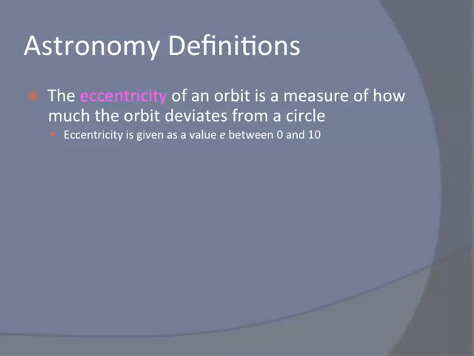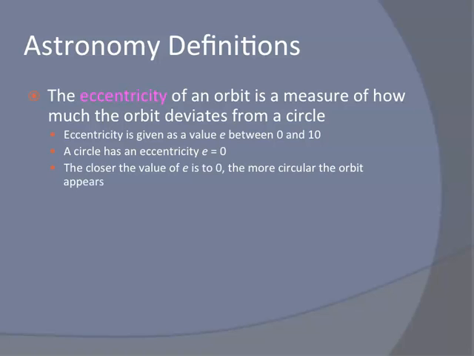Eccentricity is given as a value e between 0 and 1. So something with eccentricity of 0 deviates very little from a circle, whereas 1 is very eccentric, right? Okay, so a circle has eccentricity equals 0. The closer the value of e is to 0, the more circular the orbit appears.